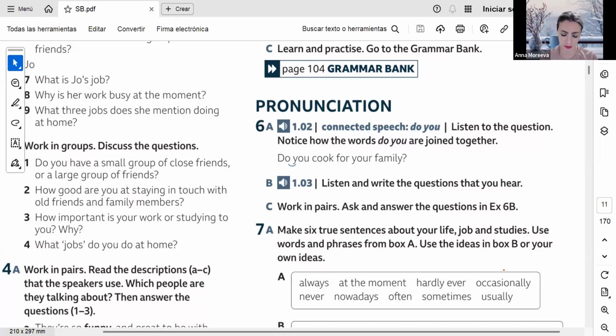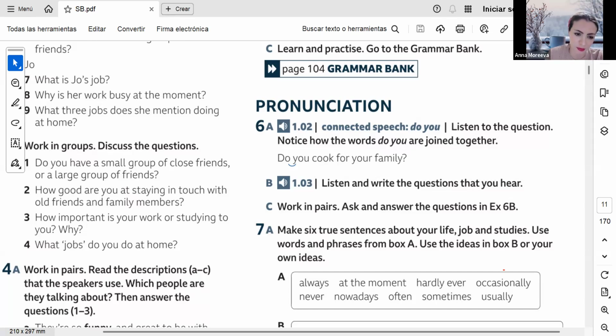Audio 1.03. 1. What time do you usually start work? Write it. 2. Do you enjoy playing sport? 3.